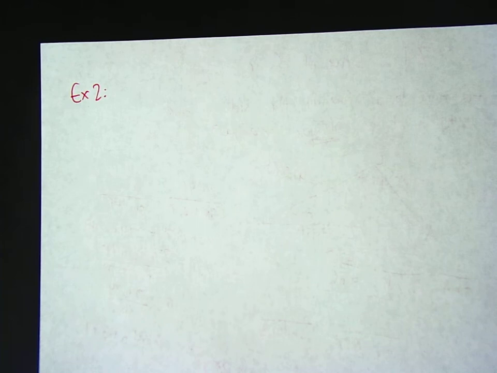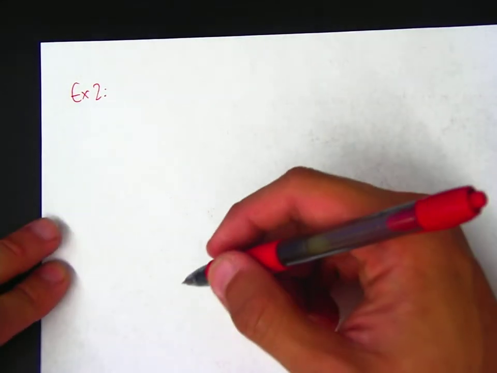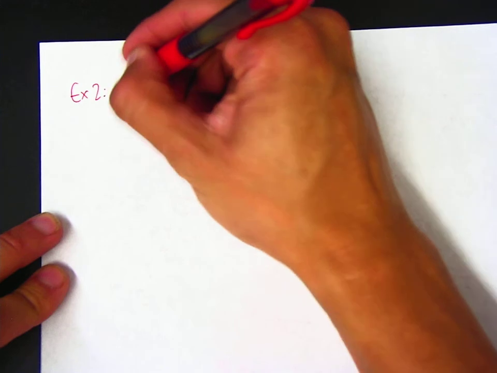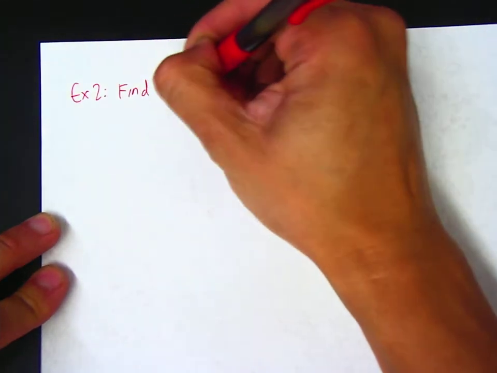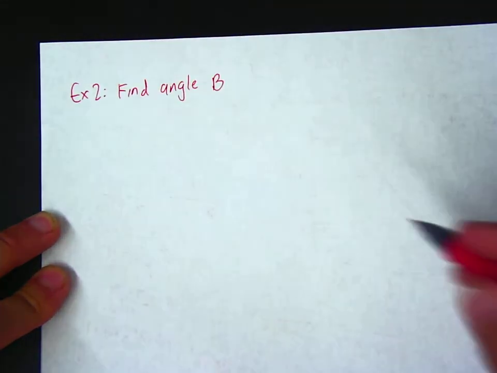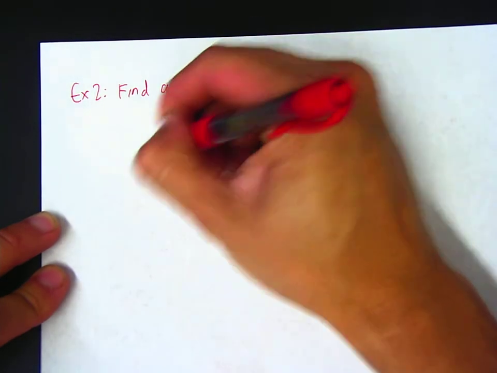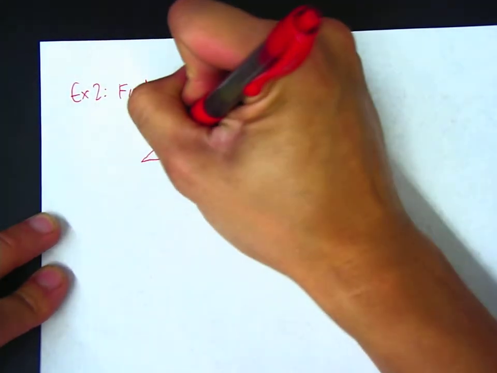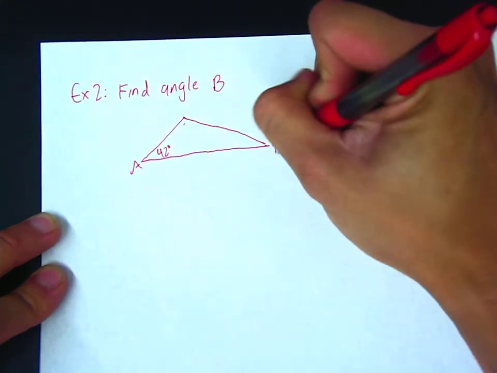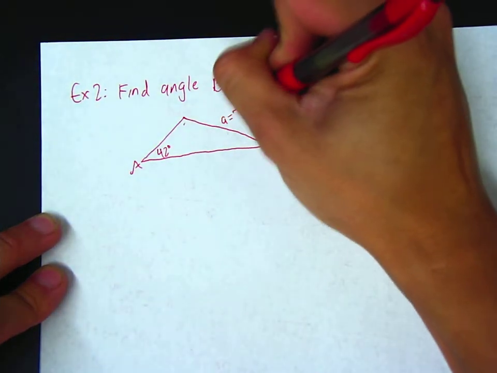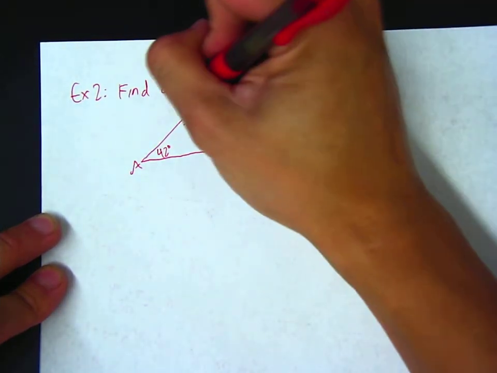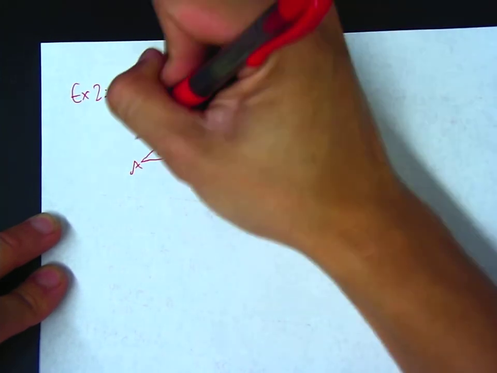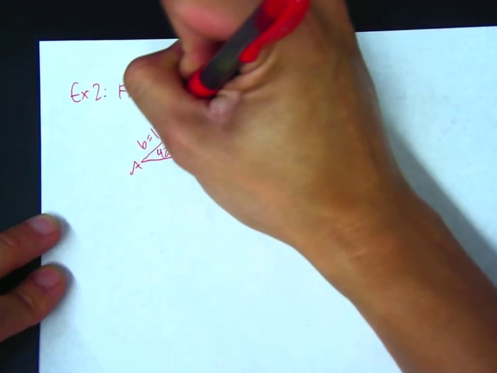Okay, if there are any questions, let's do one where we actually have to find an angle. All right, so let's say I wanted to find angle B. I have a non-right triangle. So let's say angle A is 42 degrees, side A is 22 inches, and side B equals 12 inches.